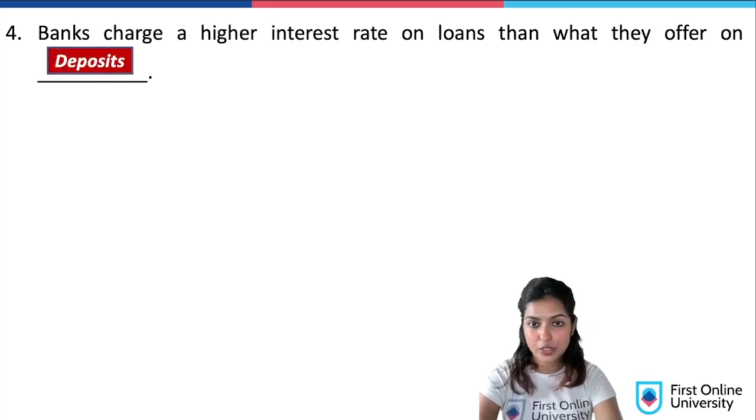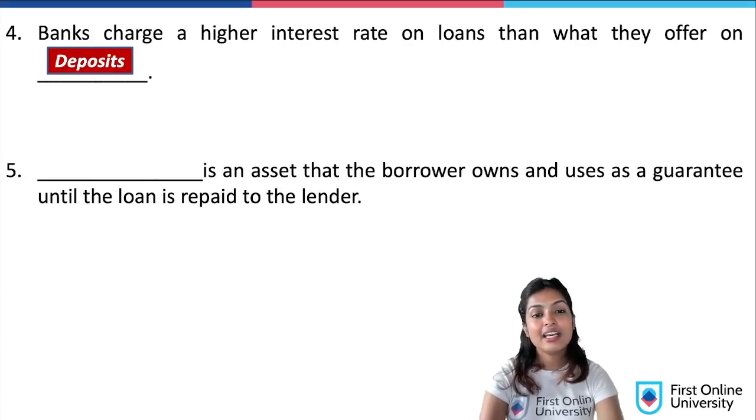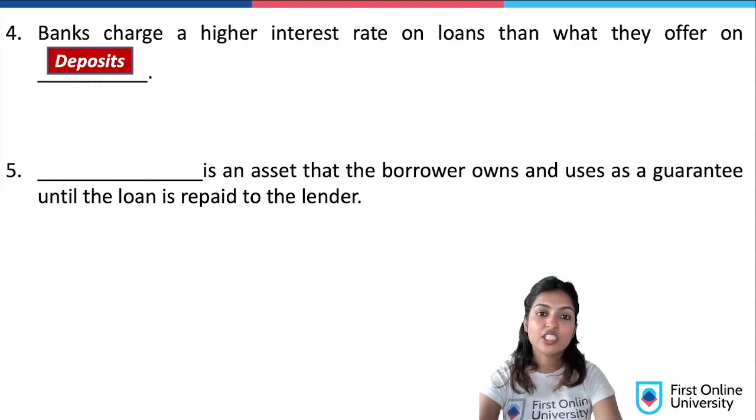It is deposits. Dash is an asset that the borrower owns and uses as a guarantee until the loan is repaid to the lender. Is it credit or is it collateral? Please choose between the two.